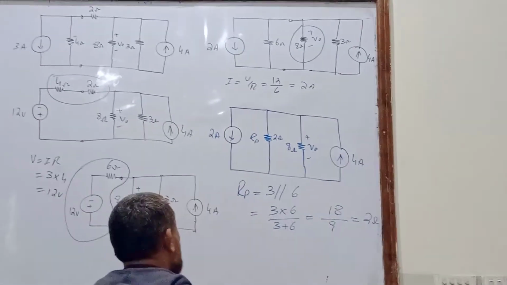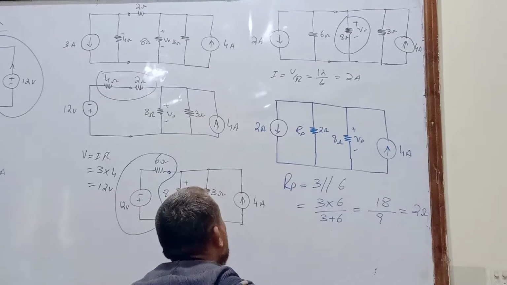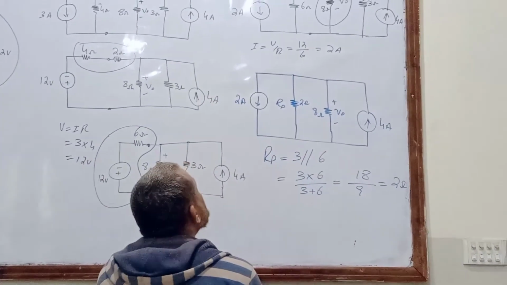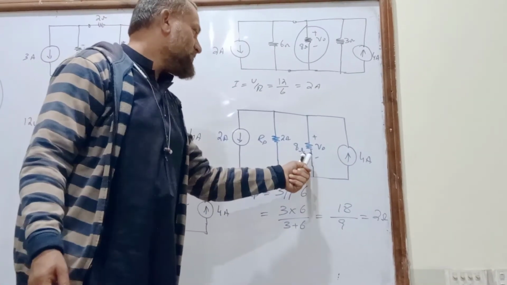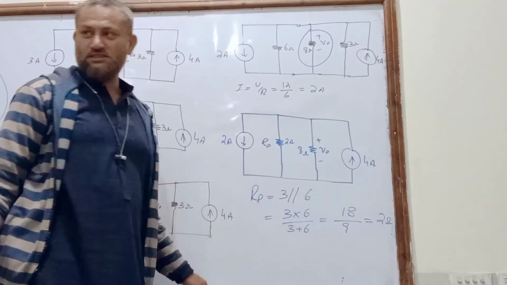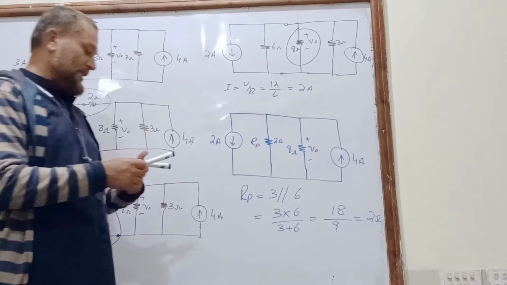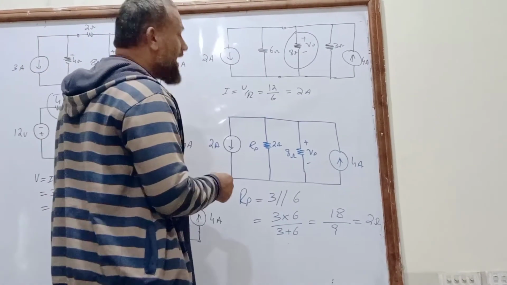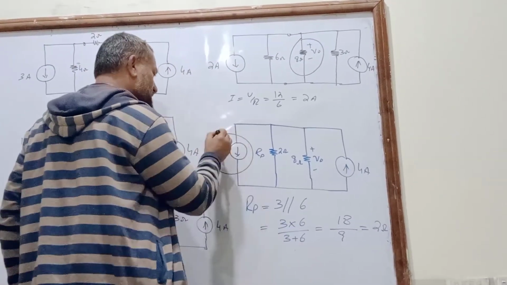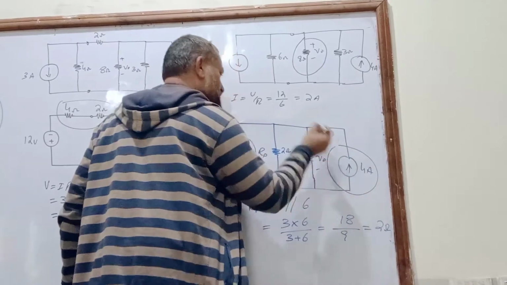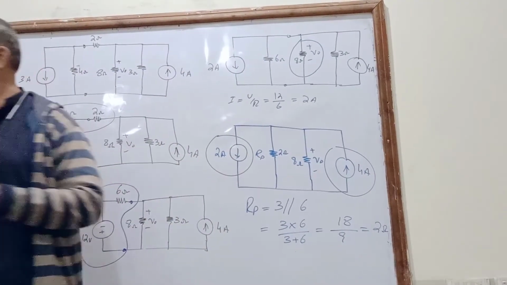Okay, now look at over here. How much current is flowing through the 8 ohm resistor? Or what will be the combined effect of this source and this source towards these two resistances?